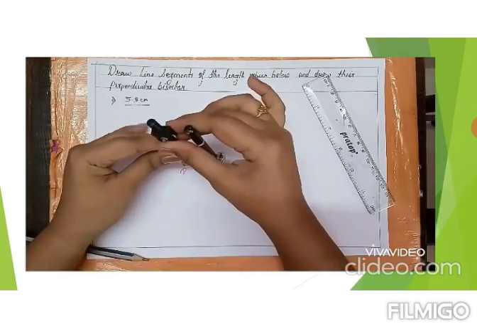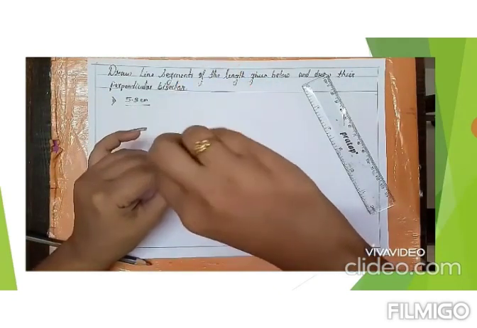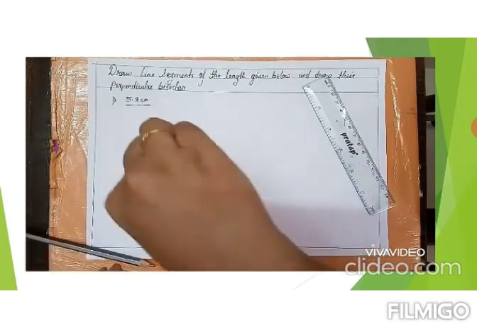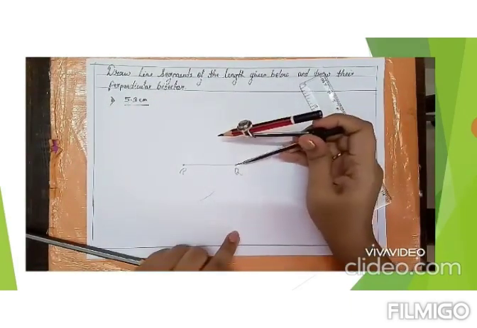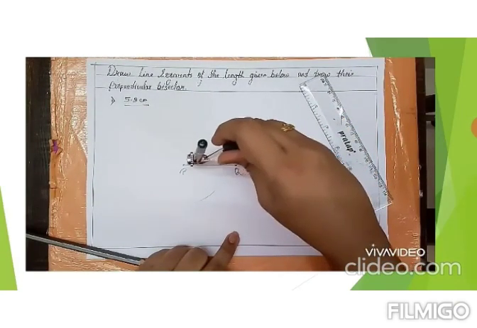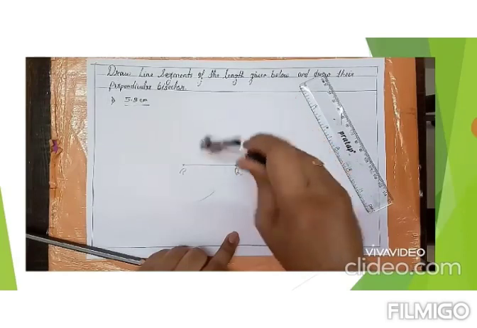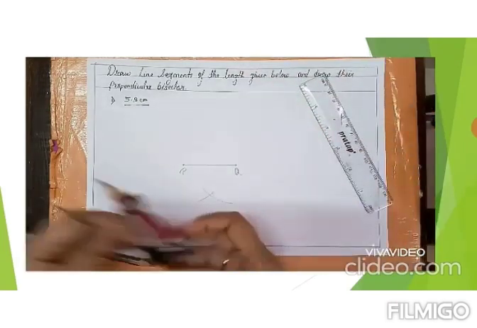So from point P, keep your compass here and draw the arc, and again from point Q, again mark more than half and draw your arc to cut both arcs.